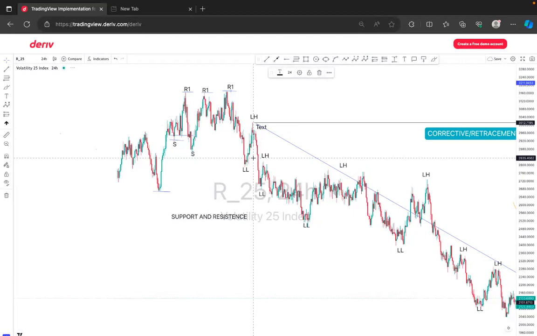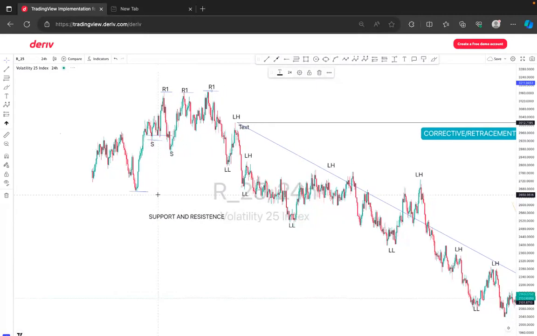Now, if it changed the movement from a bullish movement to a bearish movement, it's called resistance. And if it changes from a bearish movement to a bullish movement, for example here, it's called what? The support. Do you understand, guys? Now, I know it might actually look a little bit choppy, but when we get to the aspect of supply and demand proper, which is next class, you will understand this thing very well.